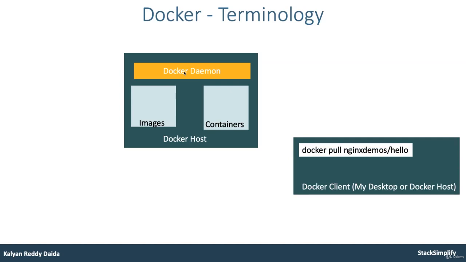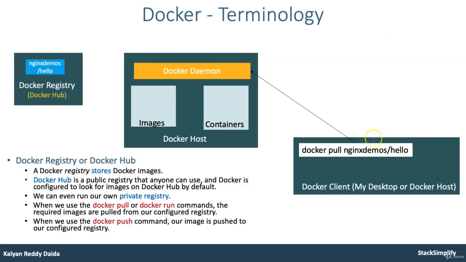I'll say docker pull nginxdemos/hello, one sample image. It will communicate with the Docker daemon, and via the Docker daemon it will go to the Docker registry. From the Docker registry it pulls the nginxdemos/hello image and downloads it to my Docker host, so the image is present here.